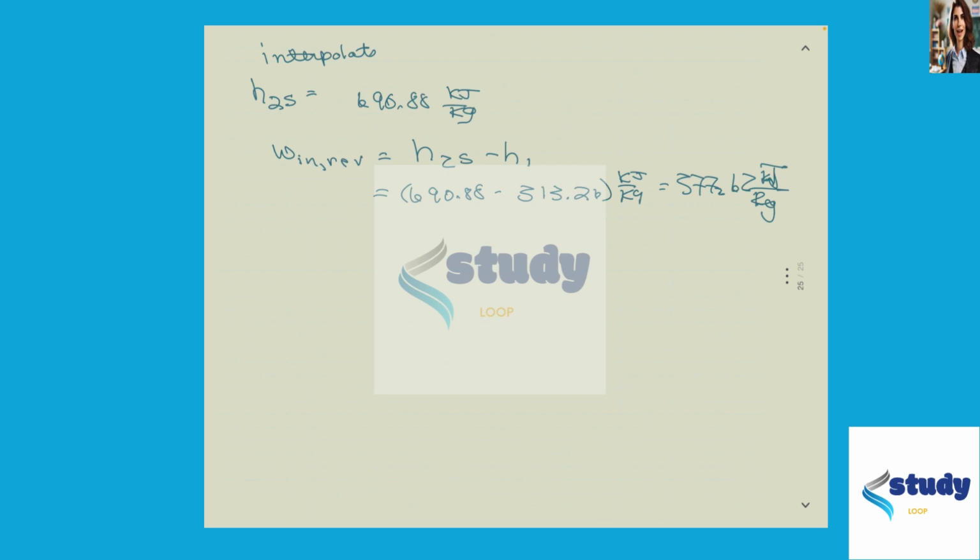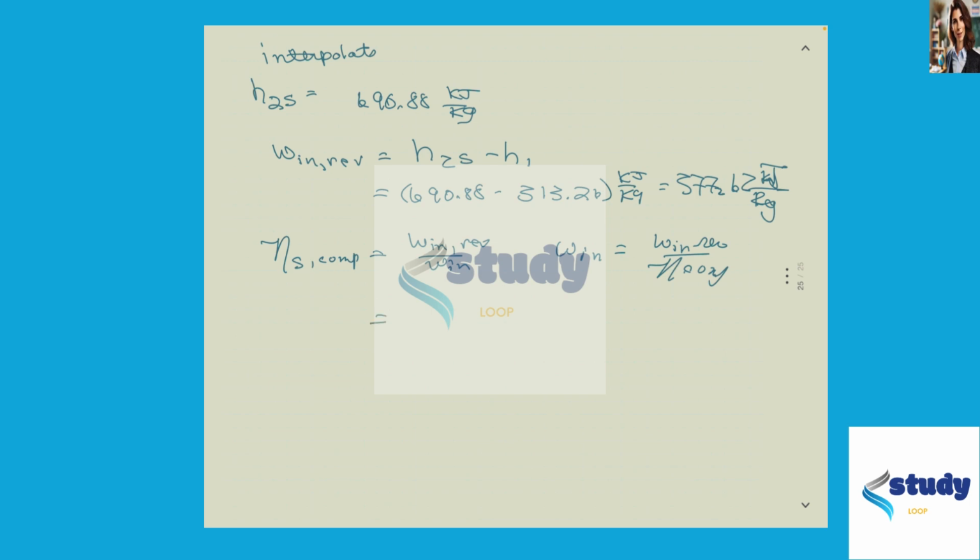So then we can find our isentropic compressor efficiency. We're going to find the work input for our cycle. So solving for work in, we'll have work in for our reversible over this.